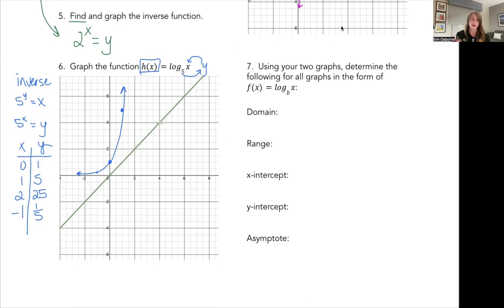But that's not the right answer to number 6. If it said graph the log function, we have graphed its exponential function. So when we graph its inverse, it will be the log function. So we want to do 1, 0. And when you go right 1/5, you are down 1. And when you go right 5, you are up 1.